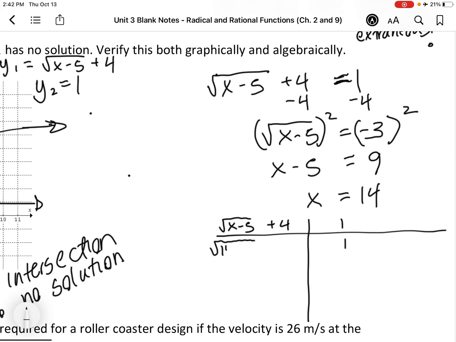This is the square root of 14 minus 5 plus 4. That's the square root of 9 plus 4, which is 3 plus 4. That does not equal 1. That equals 7. So that solution doesn't work.